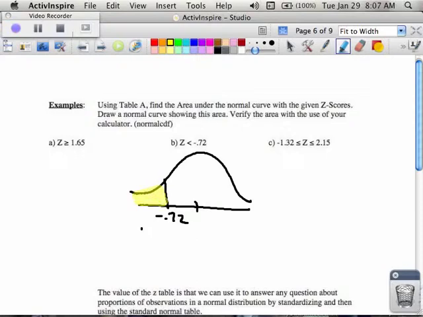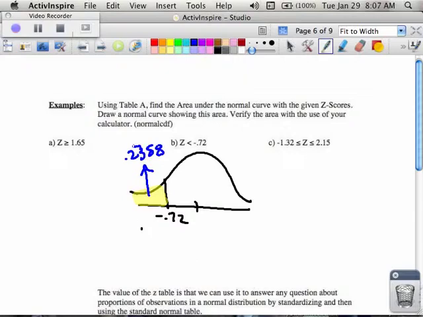And when I look at my table at negative 0.7 and then 2, I see the number 0.2358. This is indicating to me that 23.5% of my data falls below negative 0.72 standard deviations below the mean.